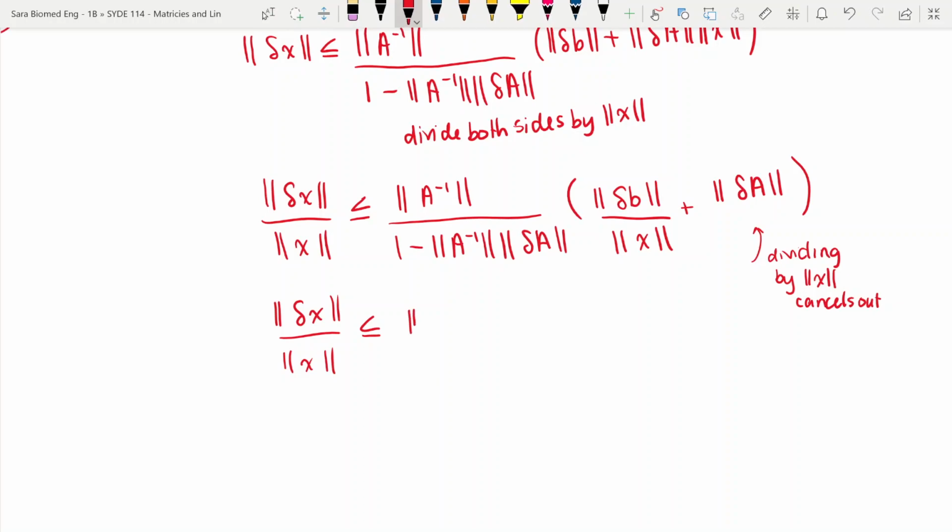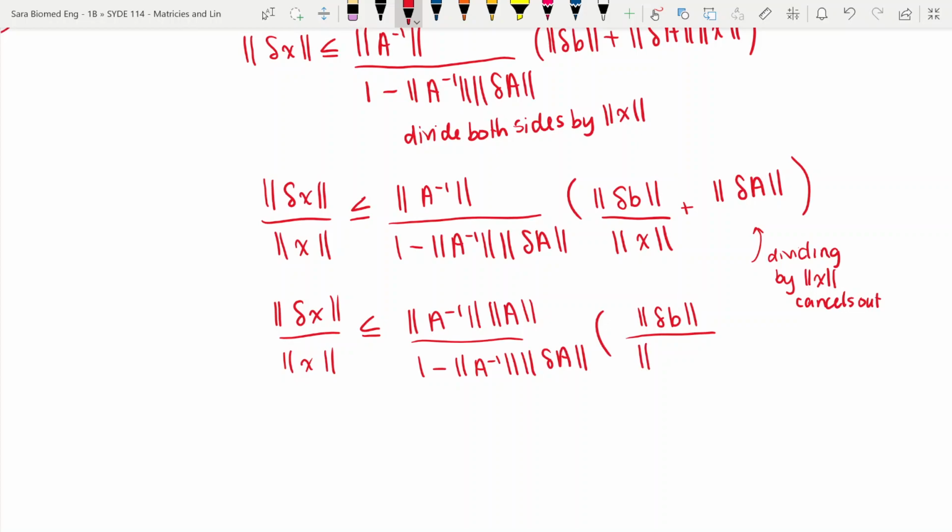And what's inside is going to be delta B divided by norm of A, times norm of A plus delta A, divided by norm of A. This is a very common trick you will use when you try to prove something.